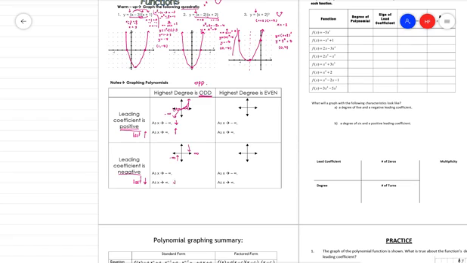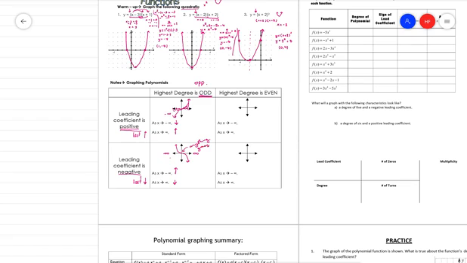So positive infinity is down, negative infinity is up, so our graph would look something like this. And again, anything can happen here. Anything goes, depending on the polynomial that we have.